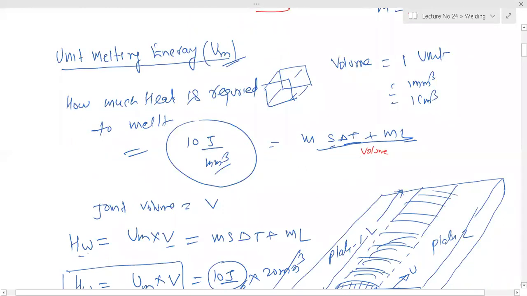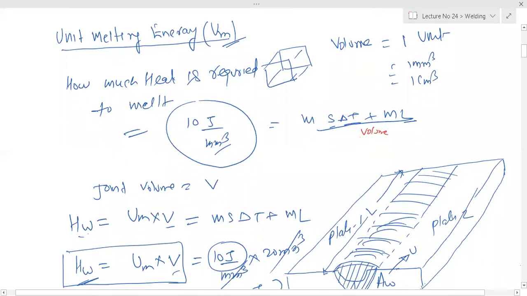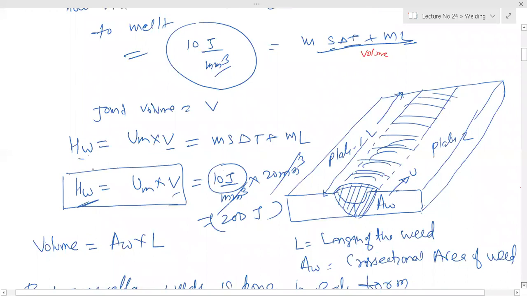Then the same thing we wrote in terms of joint volume, where this was the heat available to melt, and that must be equal to the unit melting energy times the volume of the weld bead, which equals the sensible heat and latent heat.